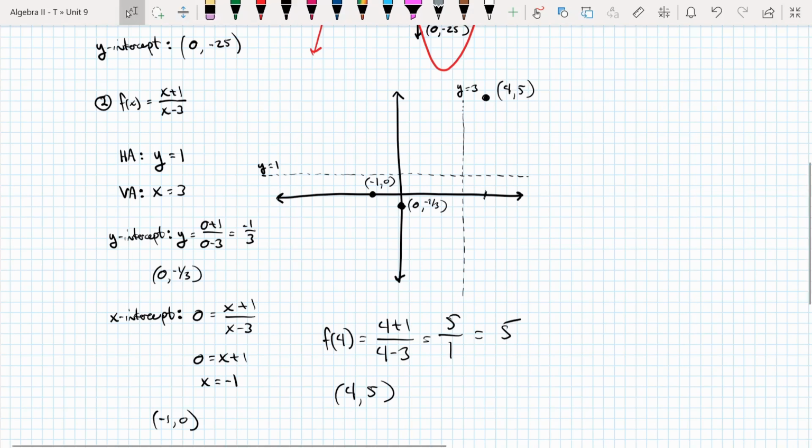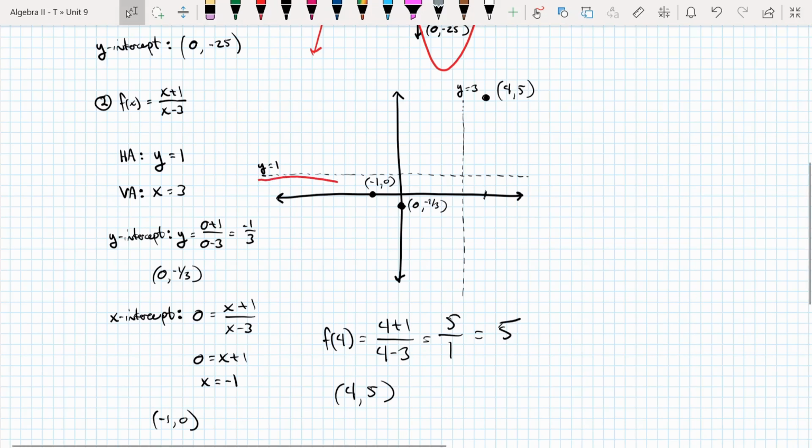Okay. Last thing we're going to do here is let's graph this. So we know that the function will approach the two dotted lines asymptotically, which means that they're going to get closer and closer and closer to, but never cross or touch. So the left-hand side will look like this.